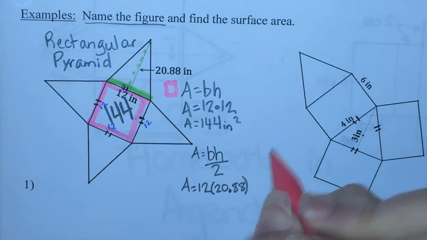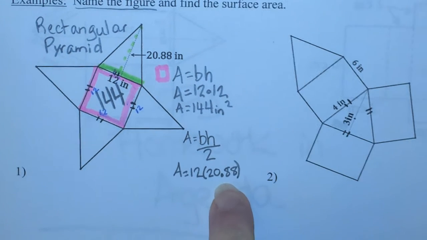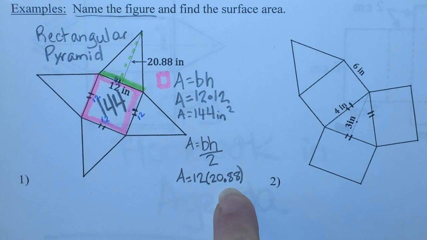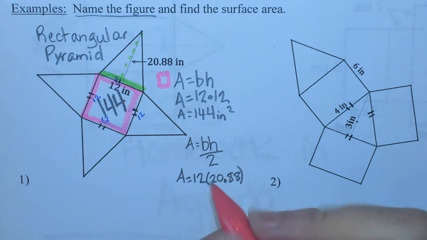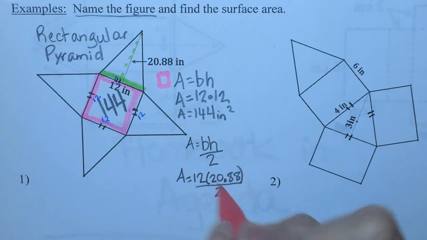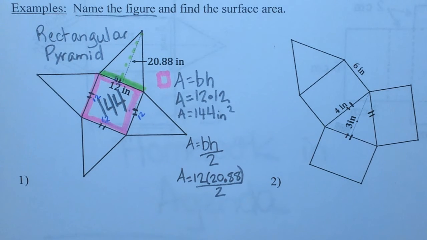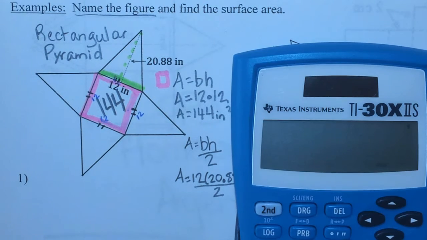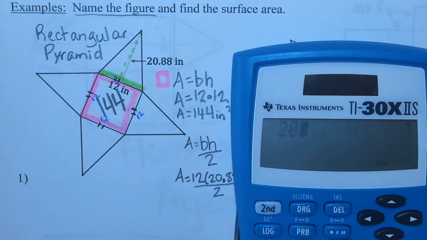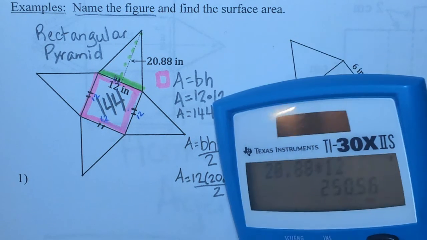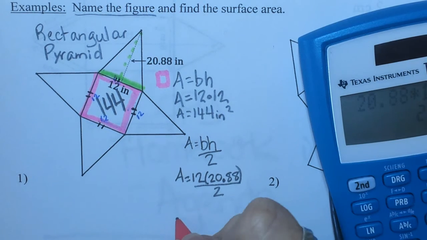Okay, so, after I graded some papers this week, a lot of papers this weekend. Guys, if they give you a decimal, like 20.88, you have to put that in your calculator. I got some of you, I think, that are just skipping out on decimals, or maybe you're not copying it off the calculator screen. But 0.88 times 12. Okay, I get 250.56.